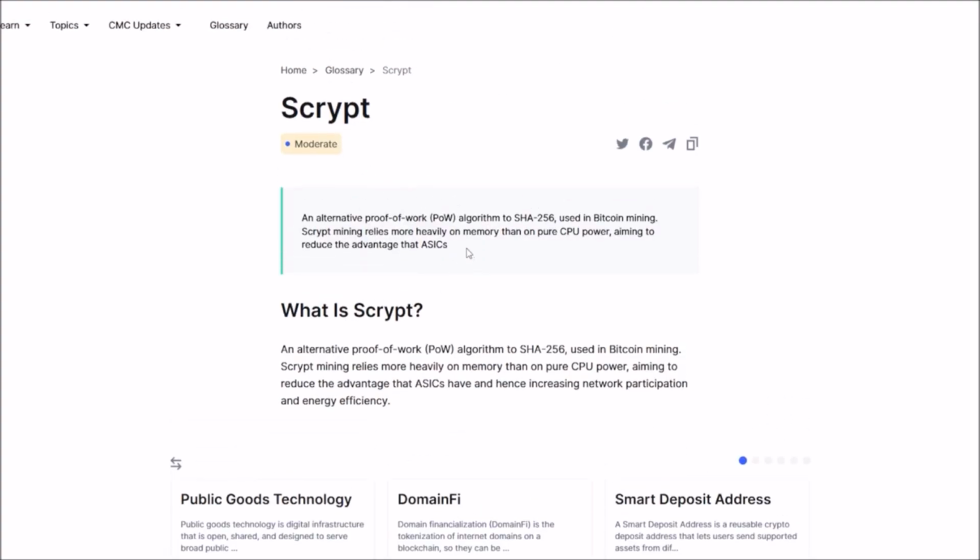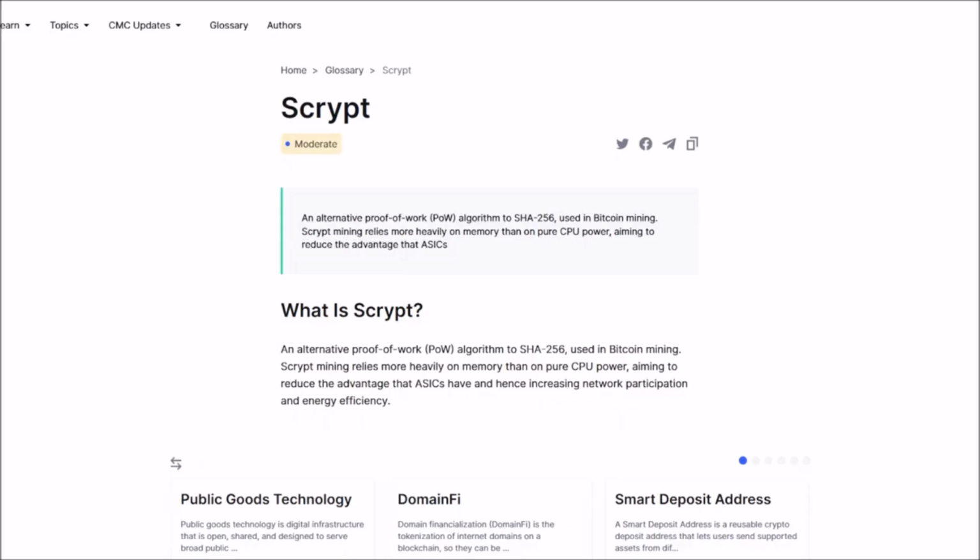Now, as you can see, one of the interesting things about Scrypt is that it's an alternative to SHA-256, because what it does is it actually focuses more on memory instead of pure CPU power. So the goal is to reduce the advantages of ASICs. What are ASICs?